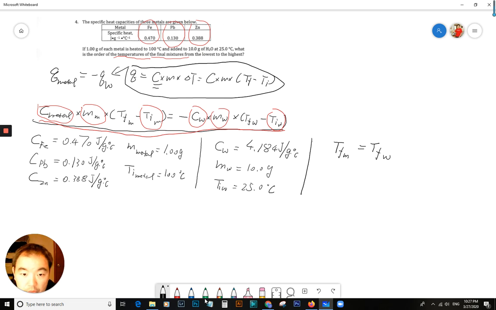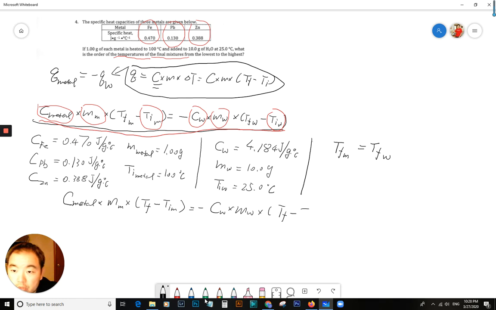So we can change our equation a little bit: the C of the metal times the mass of the metal times the final temperature of the mixture minus the initial temperature of the metal is equal to negative the specific heat of water times the mass of the water times the final temperature of the mixture minus the initial temperature of water.